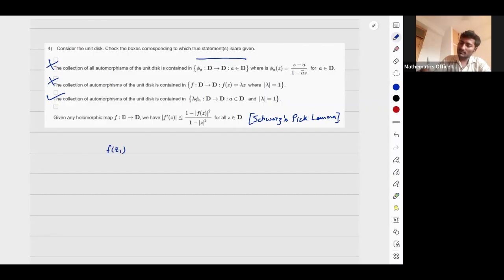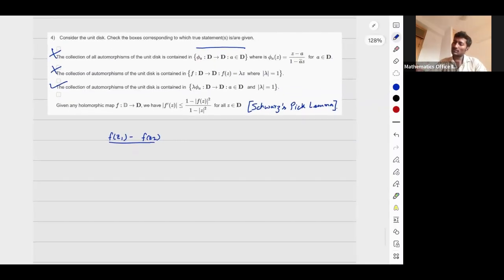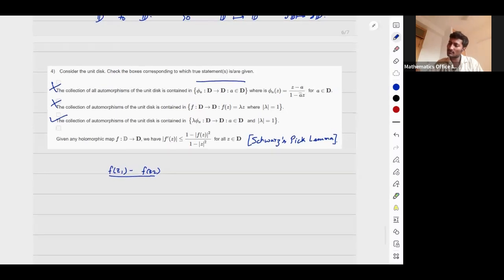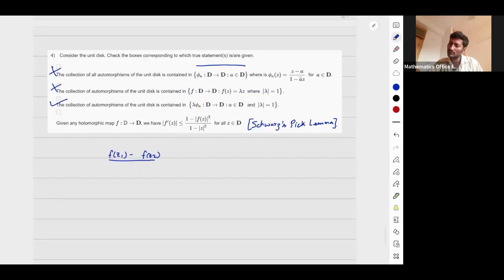The modulus of f(z1) minus f(z2) divided by 1 minus f(z1) bar into f(z2) is bounded by z1 minus z2 divided by 1 minus z1 bar into z2.